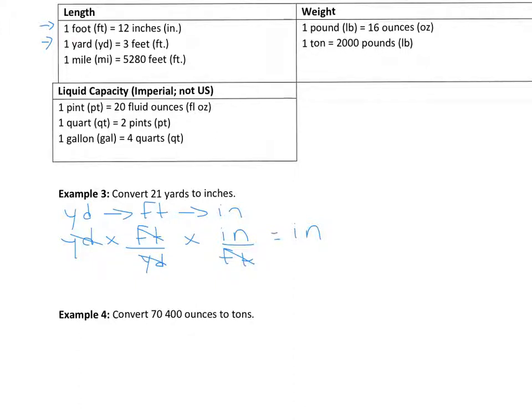So I'm starting with 21 yards times 3 feet per yard times 12 inches per foot equals, multiply my numerators, which gives me 756. My denominators are all 1, so it's just 756 over 1, or 756 inches.